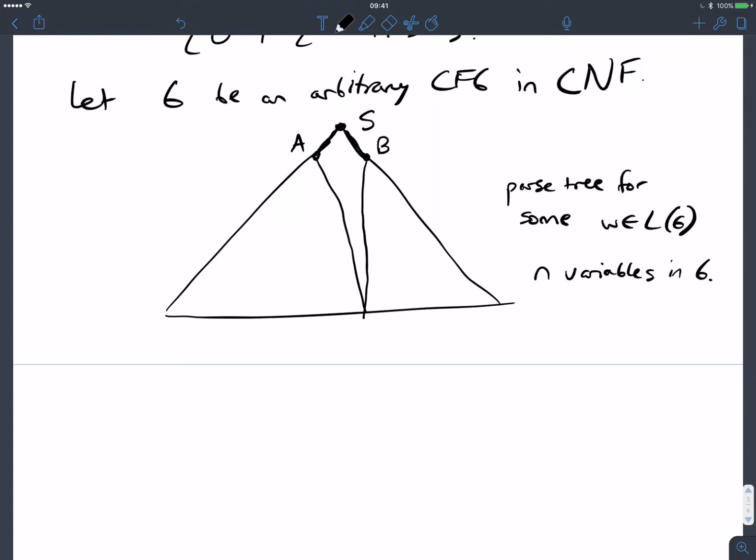Well, I want to repeat a variable in this parse tree somewhere. So, if I want to repeat a variable in this parse tree, how high must the tree be? At least n plus 1.